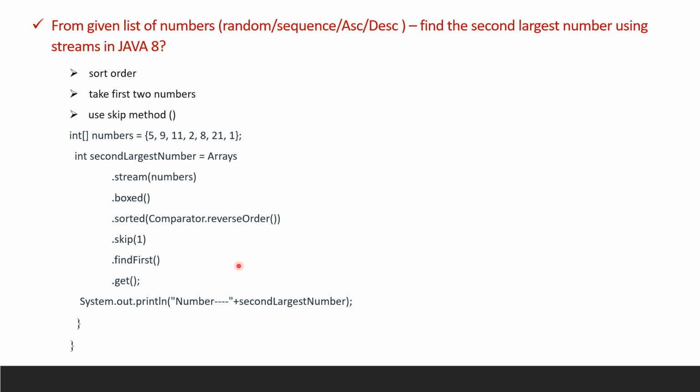All of these methods, what they actually do, you can have a look. At last we get the second largest number and print it. On the concept of streams there are many questions, so we need to be hands-on with the Streams API in Java 8.